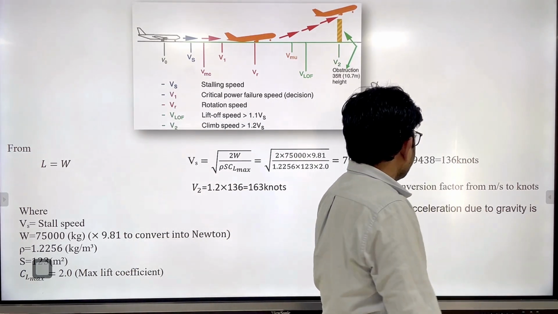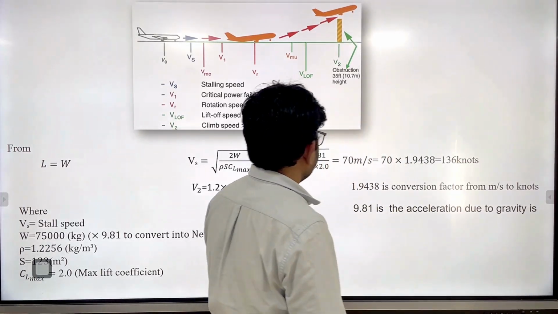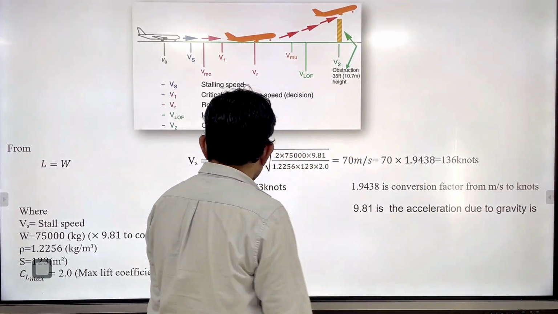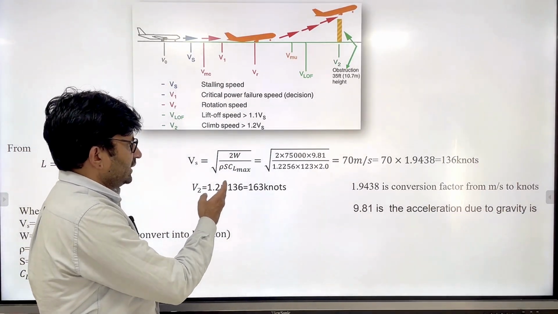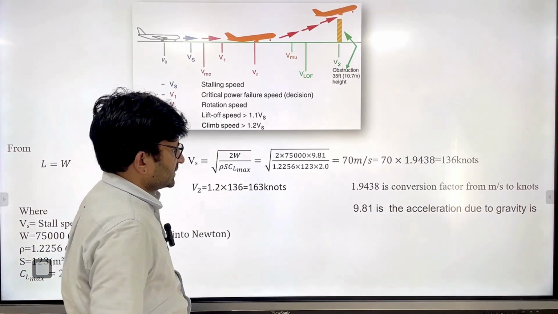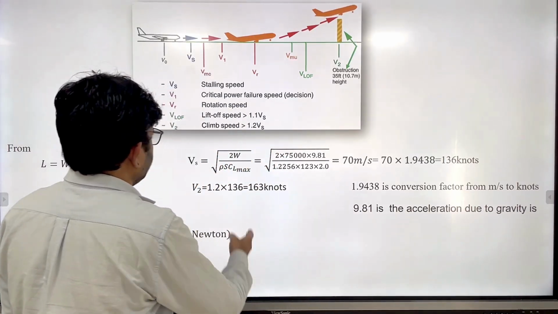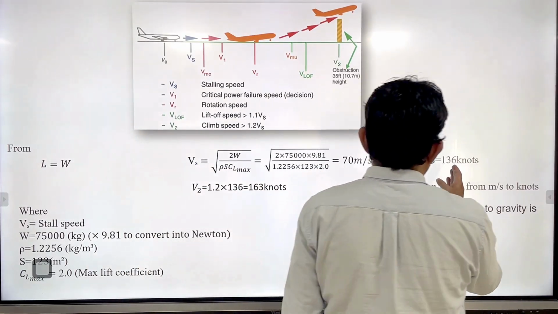If you multiply by 1.9438, the conversion factor from meters per second to knots, you will get 136 knots, and the climb speed will be 1.2 times 136, that is 163 knots. So the climb speed is 163 knots and the stall speed is 136 knots.